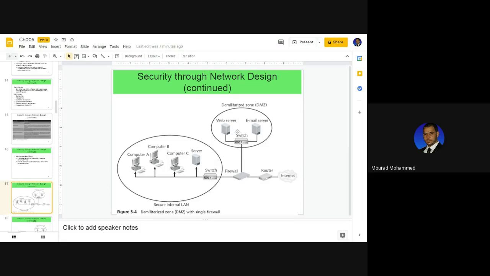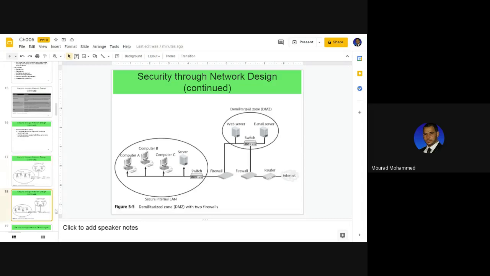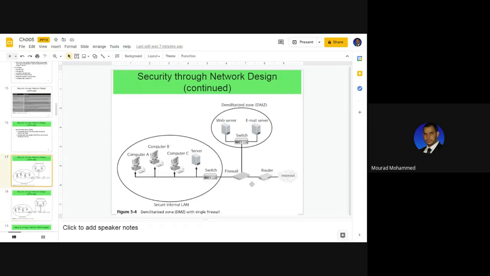For demilitarized zones, there are two models. One with one firewall like what we see here, and one with two firewalls like what we see here. The difference is that in the one-firewall demilitarized zone, admins can access directly the network where the services are, the main network, without passing through the demilitarized zone.